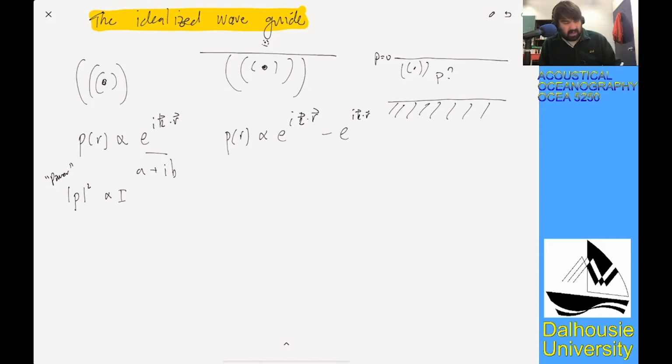It really allows you to draw diagrams like this, and for instance, for Lloyd's mirror, we had something like that, and this is range, and that's really telling you about how the power decreases with range, or the intensity decreases with range, right? But that's chucking some information, right? We're getting rid of some information when we do that.